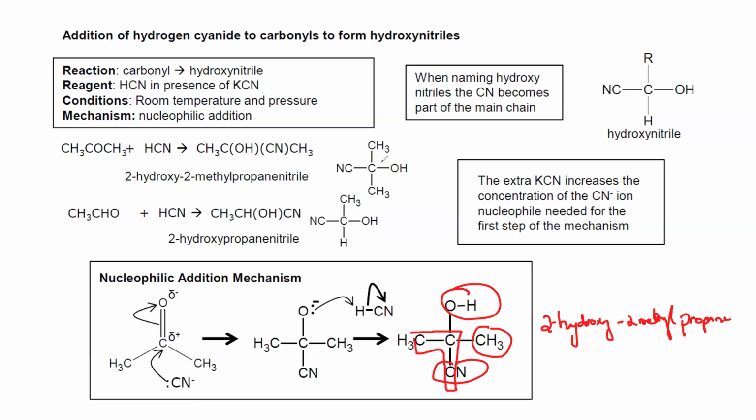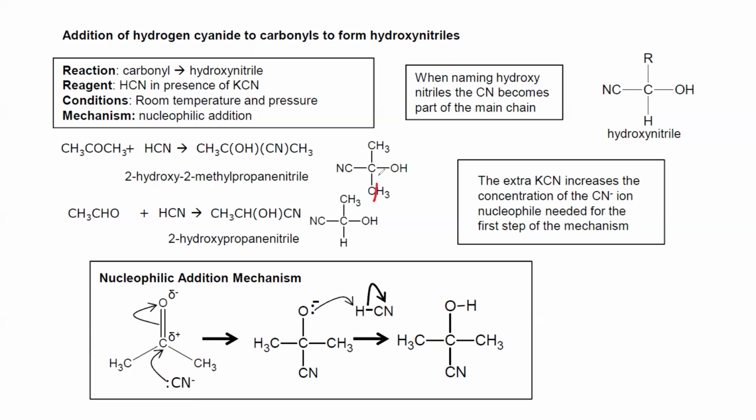Like here, we select the longest carbon chain, and this is the main group which affects the chemical properties. That's why the CN is included here. Or you can include this carbon chain. So 1, 2, 3.